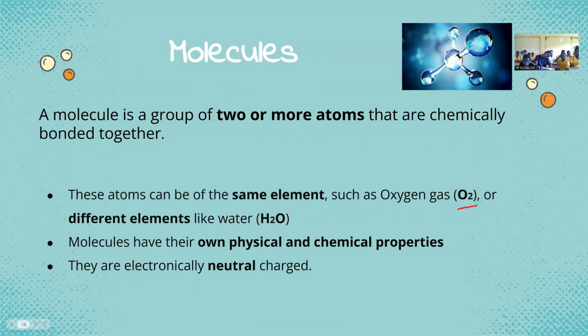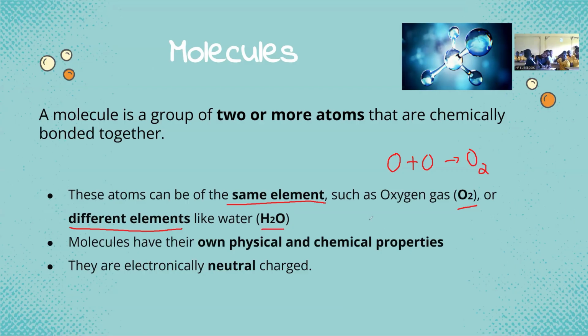You see O2, it's made up of oxygen plus another oxygen, which goes to O2. Or it can be different elements, like water, which is H2O. You can see there are two hydrogens and one oxygen.